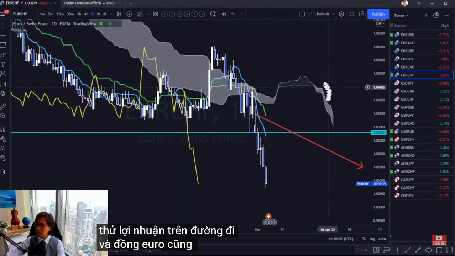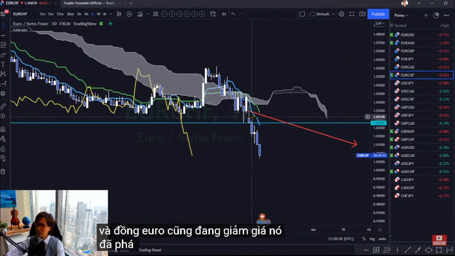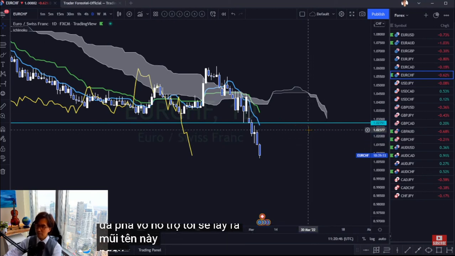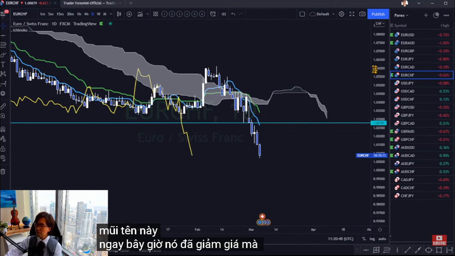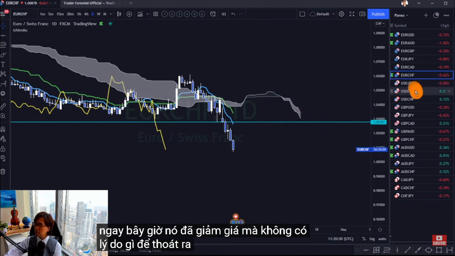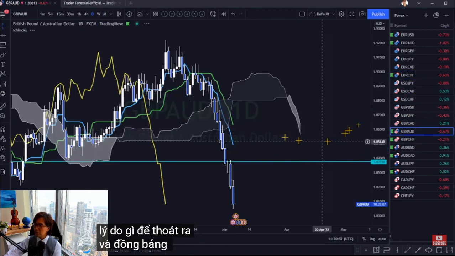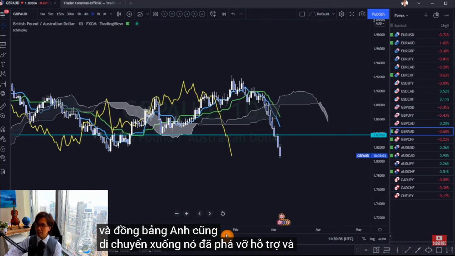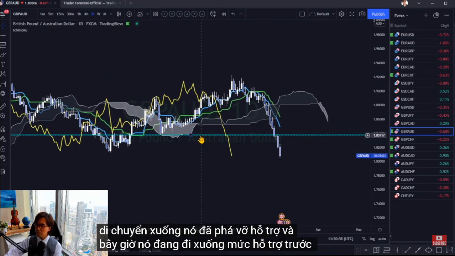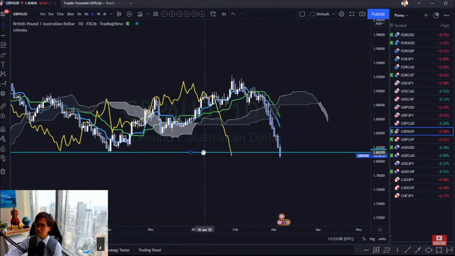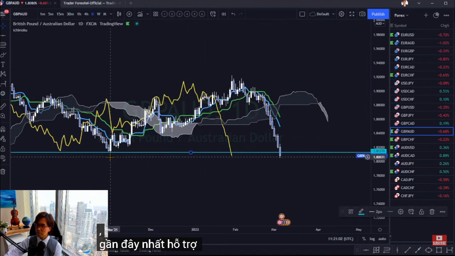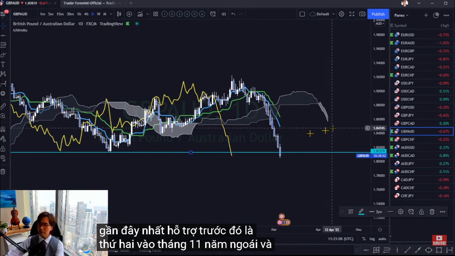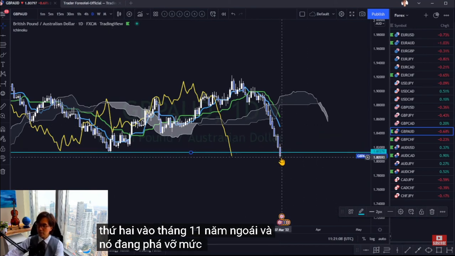And Euro Swiss franc is also bearish. It broke the support, so I will take out this arrow. Right now, it has been bearish. So no reason to exit yet. And pound AUD has been moving down too. It broke the support and now it's going down. The most previous support was on 2nd November last year, and it is breaking that level.